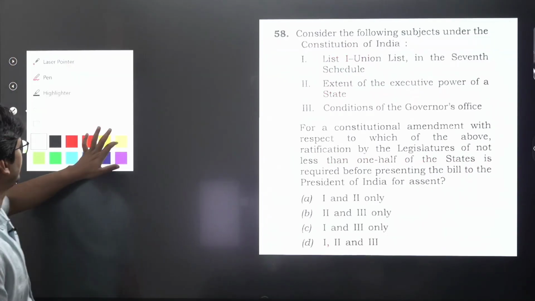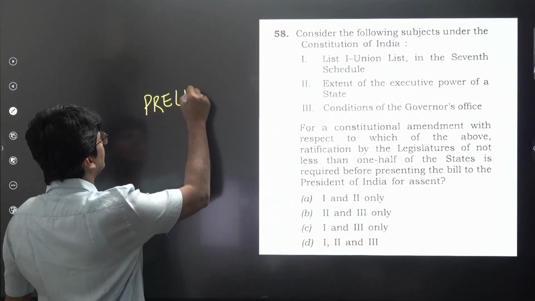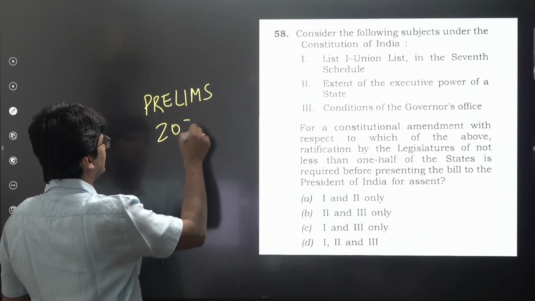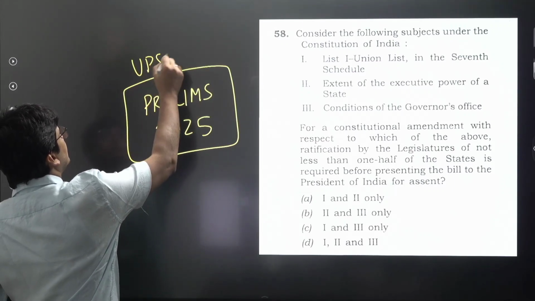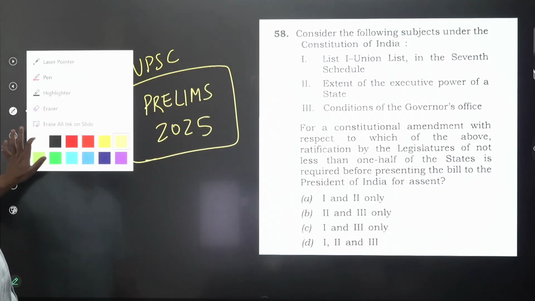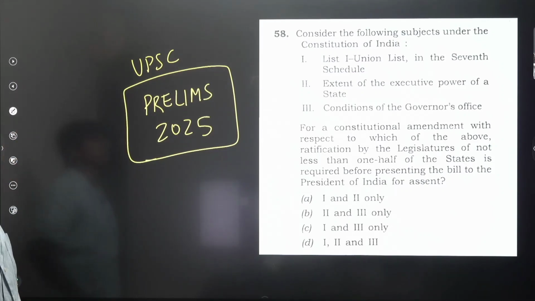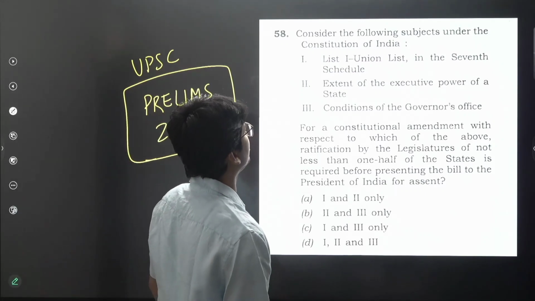This is your question asked in Prelims 2025. Now quickly answer this. Question is, consider the following subjects under the Constitution of India. First, Union List in the 7th schedule.